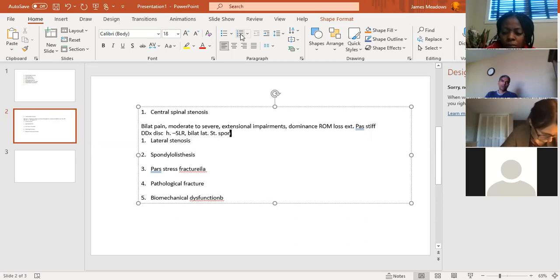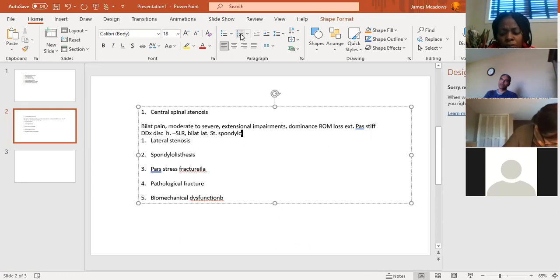The other one is already listed down there, spondylolisthesis. And the problem you've got there is that spondylolisthesis is a central stenosis. It slips forward and it basically reduces the size of the spinal canal. How far it slips determines how much effect it has, plus the shape and size of that canal.